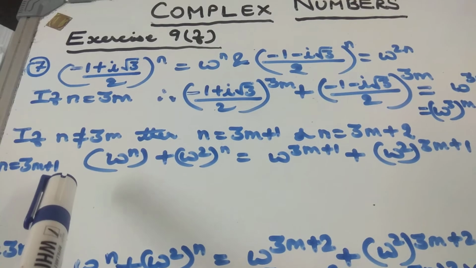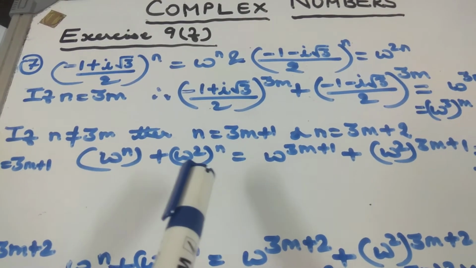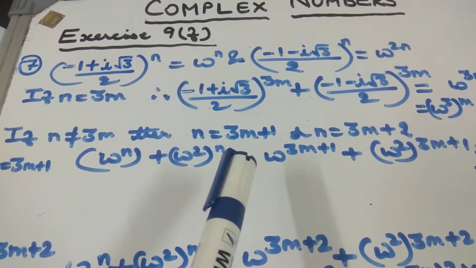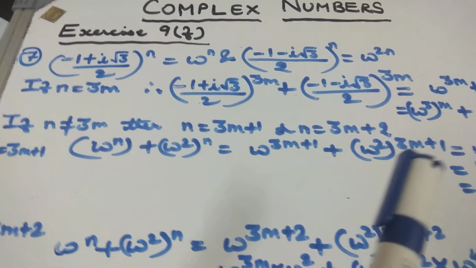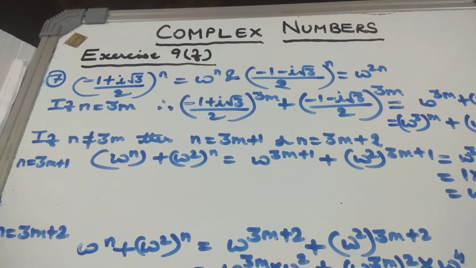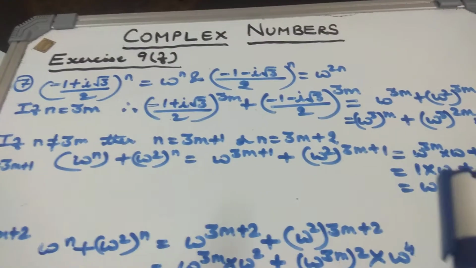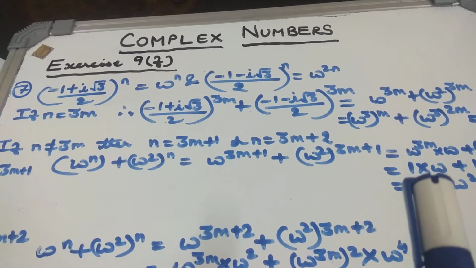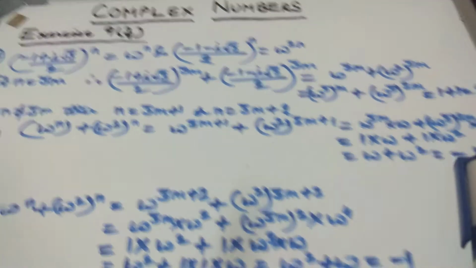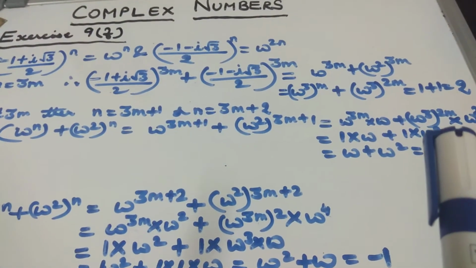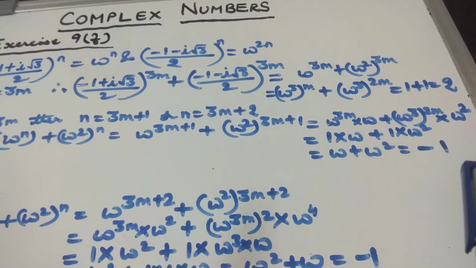When n is equal to 3m + 1, then ω^n and (ω²)^n will become ω^(3m+1) and (ω²)^(3m+1). Now just use your knowledge of indices. You can write it as (ω³)^m into ω, and this could be written as (ω³)^(2m) into ω².